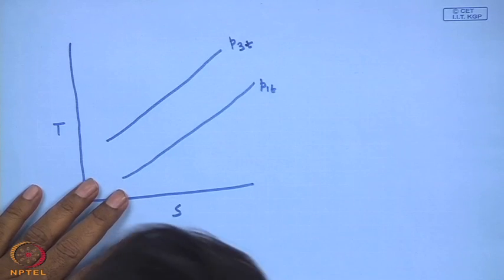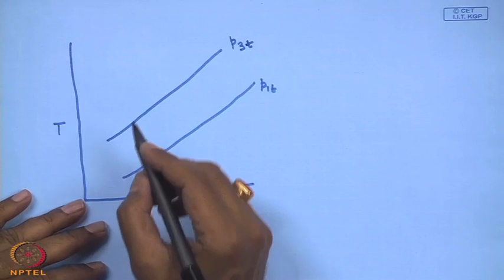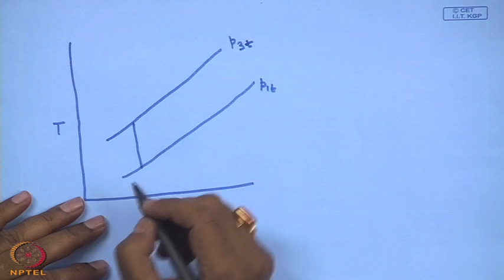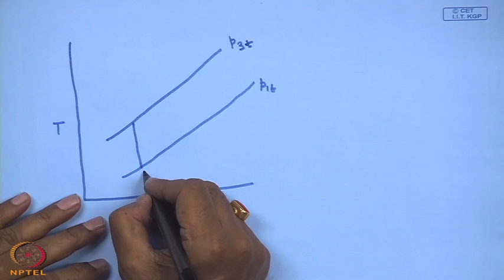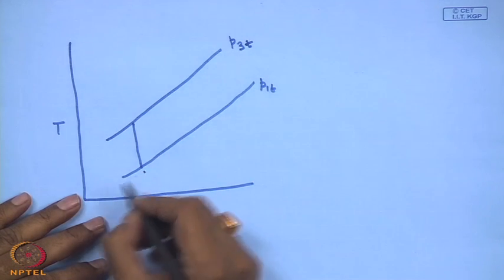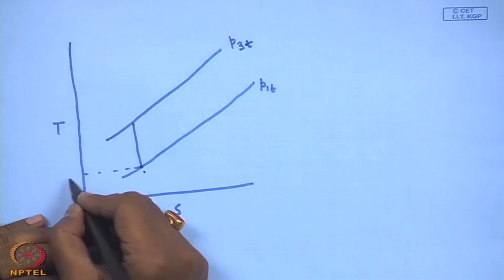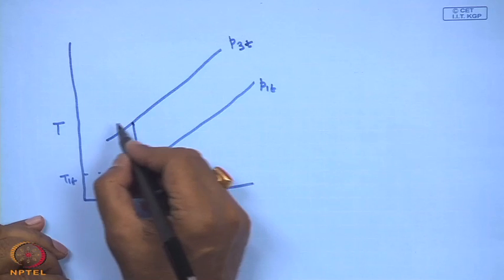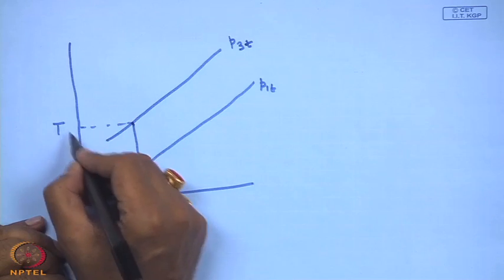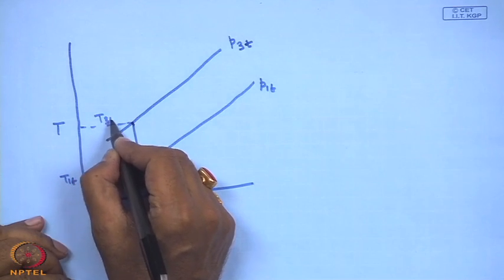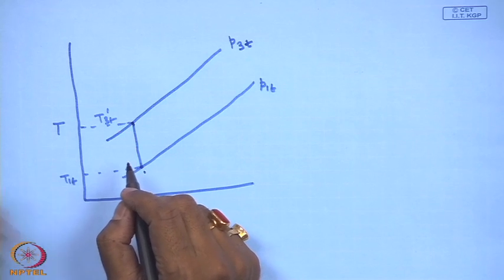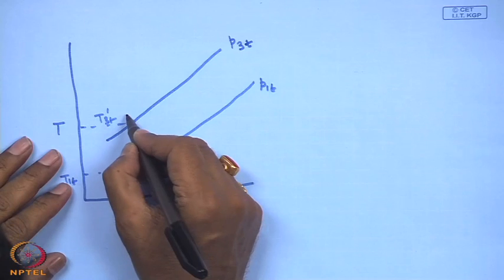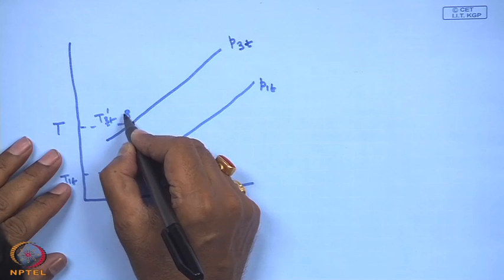If the entire process is isentropic, we can show the process in the Ts diagram: this is 1, this is T1T, and this is T3 dash T, T3T dash. Let this be 3 dash.